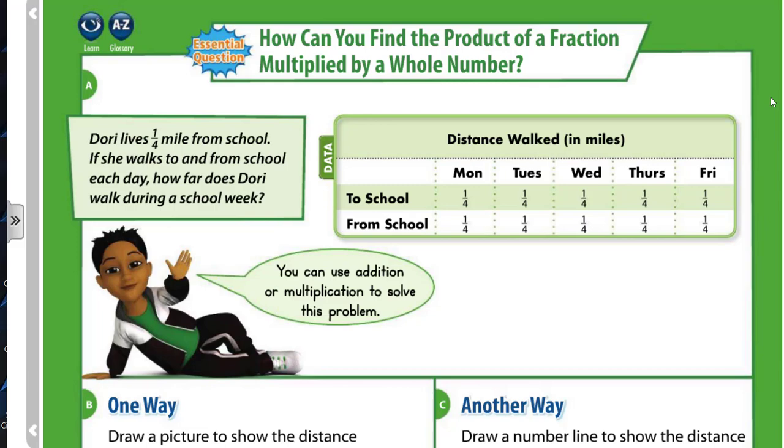Al-Ghafli, can you read it for us? Yes, teacher. Okay, go ahead. How can you find the product of a fraction multiplied by a whole number? Dora lives 1/4 mile from school.